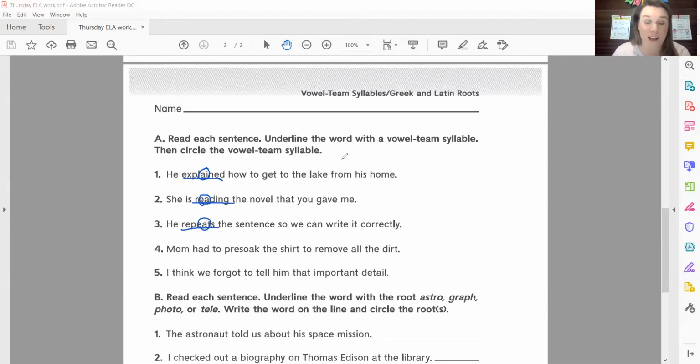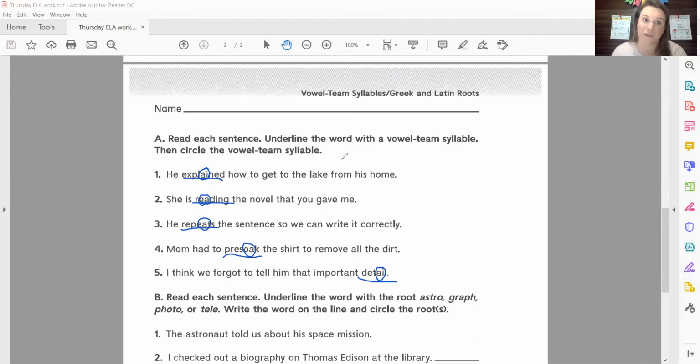If you forgot what vowels were, remember they are A, E, I, O, U. So a vowel team is two of those put together to make one sound. Very simply, guys. The next one was pre-soaked. There's OA says O. And then we had detail, and AI says A in this case.